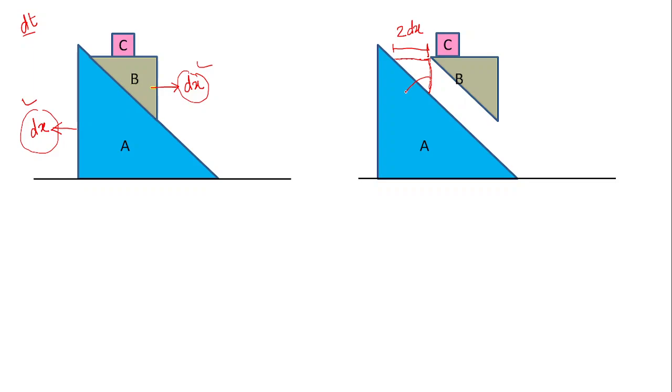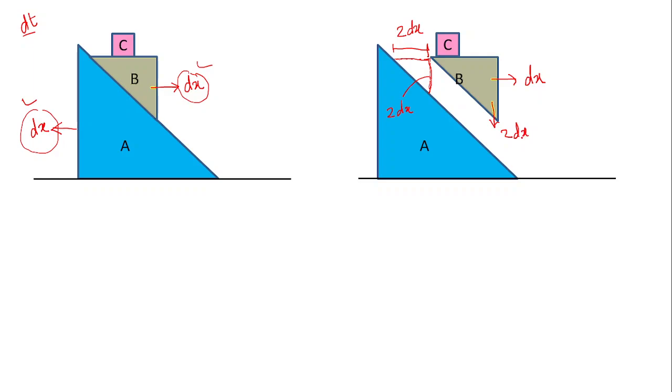So this distance will be what? 2dx only. So you see what is happening to B. B is moving dx in this direction and 2dx in the downward direction.